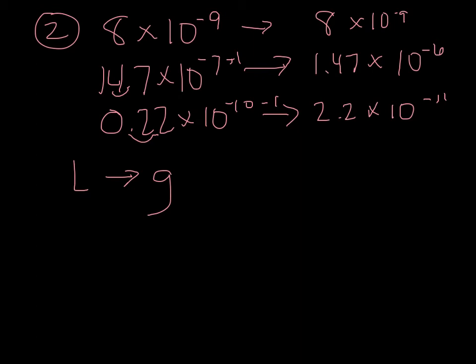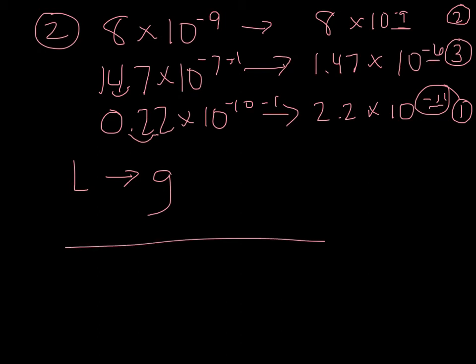So I know that this is going to be our smallest one. So for this one, we can write it as 1 because that's our smallest. Then I know that this is going to be the second smallest and this is going to be the biggest because negative 11 is the smallest number. Then it would go negative 9, then negative 6. I'm just looking at the exponents.